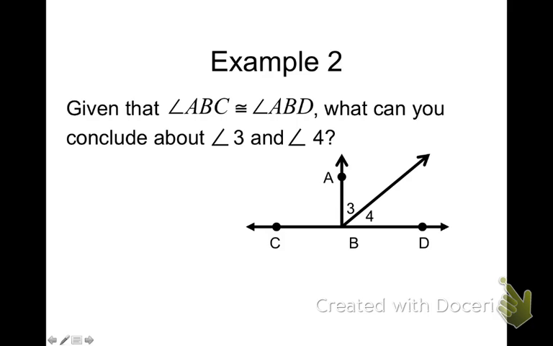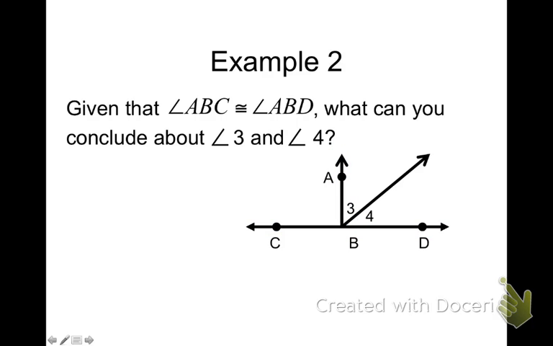So what can we conclude about the following? Given the measure of angle ABC, well, where's ABC? ABC is right there. More like CBA. Yeah, whichever way you read it. Or ABD. So if those are congruent, what can I assume about them? If these two angles are congruent, what can I assume about the lines? What was the first theorem that we said? 3.8. They're perpendicular. They're perpendicular, good.